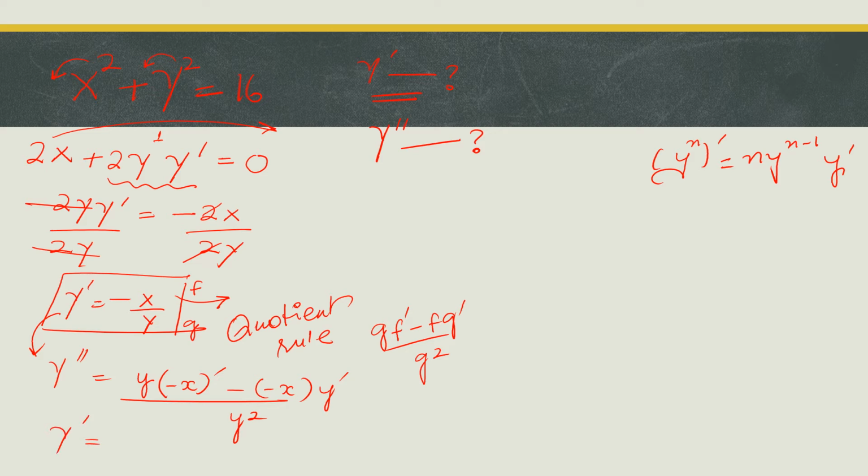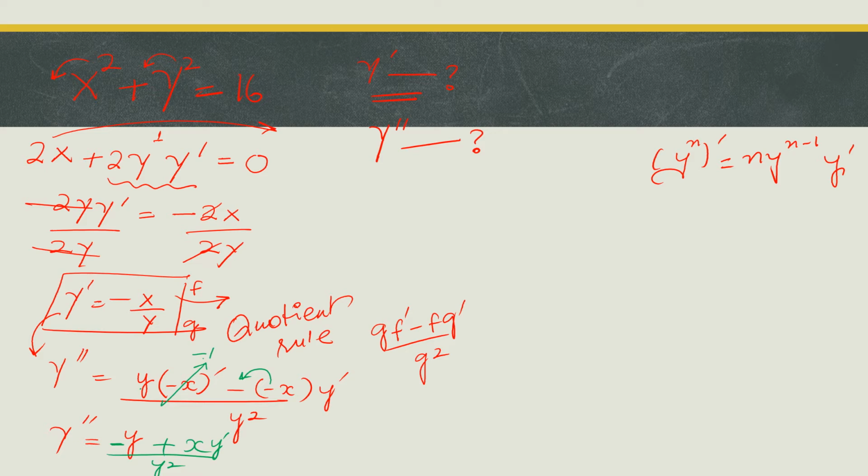So y double prime equals y times the derivative of negative x, which is negative 1. So negative 1 times y gives you negative y. After that, minus times minus gives you plus x, and the derivative of y is y prime, over y square.